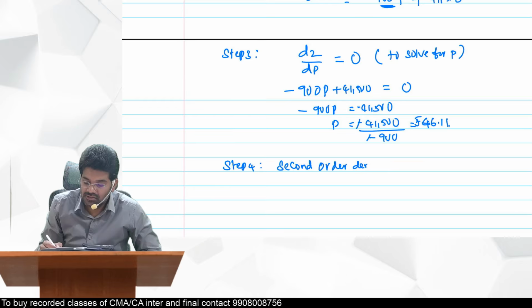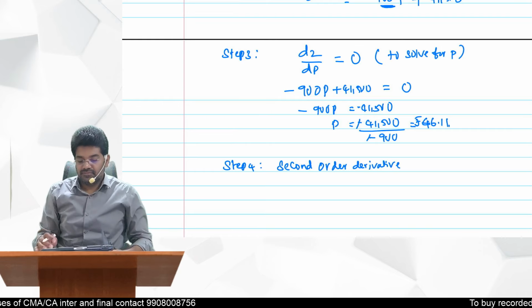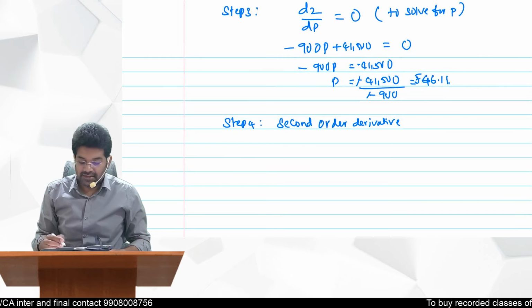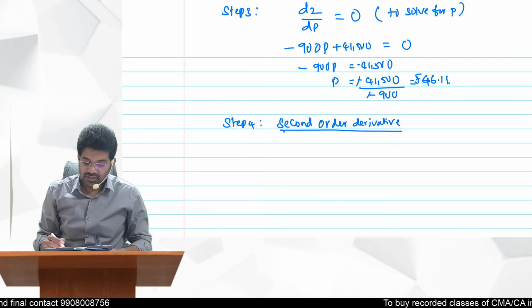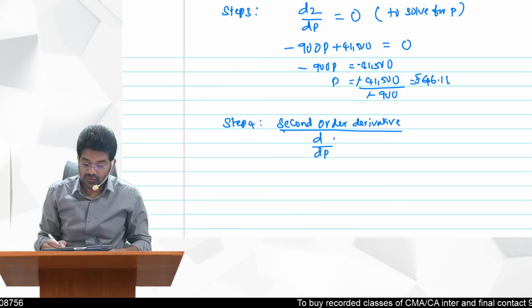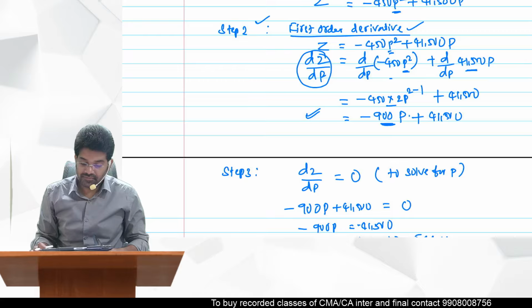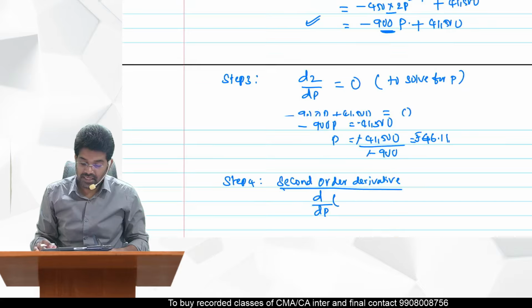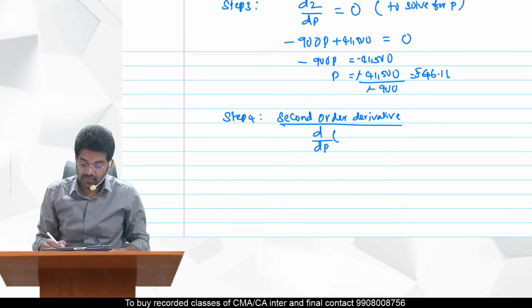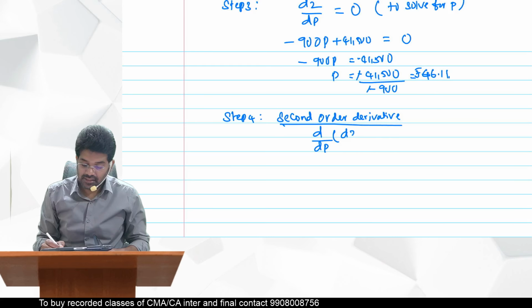So d by dP of which one? Your first one, that is d by dP of dz by dP.